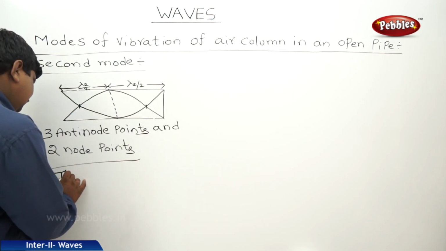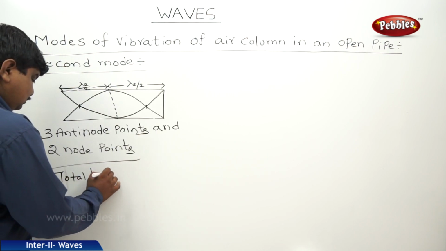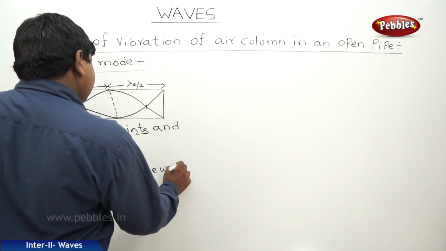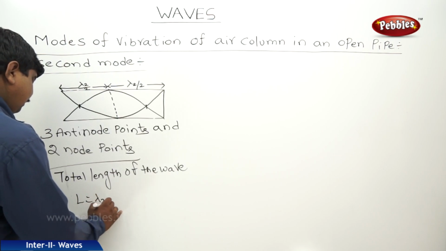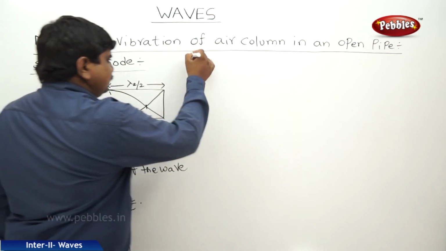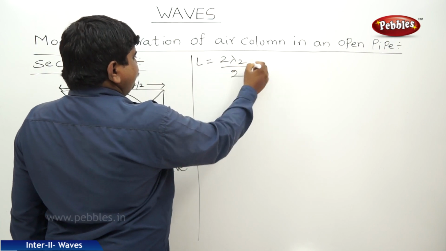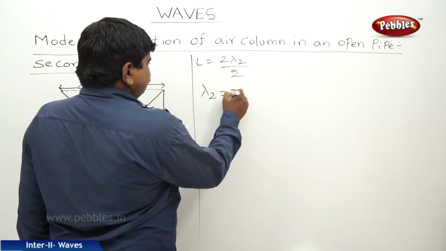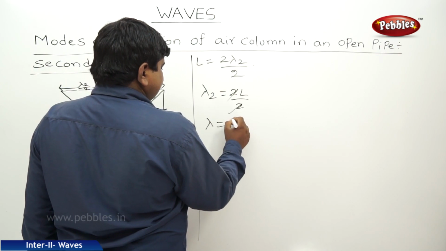Total length of the wave L is equal to lambda 2 by 2 plus lambda 2 by 2. Therefore, L is equal to 2 lambda 2 by 2. From this, lambda 2 is equal to 2L by 2, the 2s cancel, so lambda 2 is equal to L.